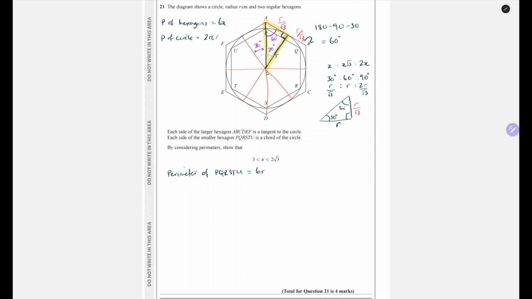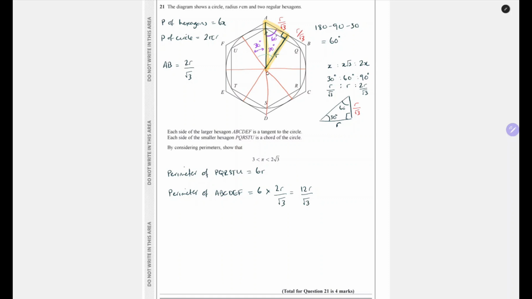And so the entire length of one of the sides, for example side AB of the larger hexagon, is just 2r over root 3. And so to work out the perimeter of the larger hexagon ABCDEF, it's 6 multiplied by 2r over root 3, which is 12r over root 3.